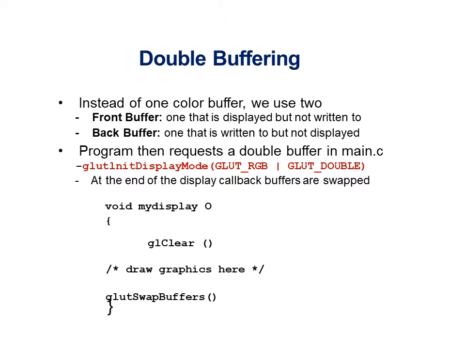Whenever we request a double buffer in the program, you will make use of an API called glutInitDisplayMode, in which you mention a symbolic constant GLUT_DOUBLE. When you use this GLUT_DOUBLE, it is an indication to the program that this program has animation, so I need two buffers. That is why I am going to make use of GLUT_DOUBLE.